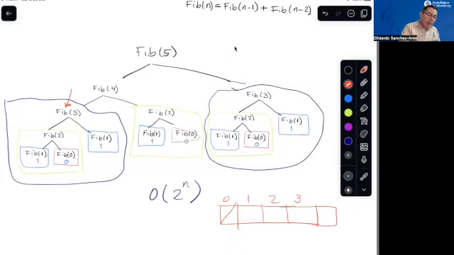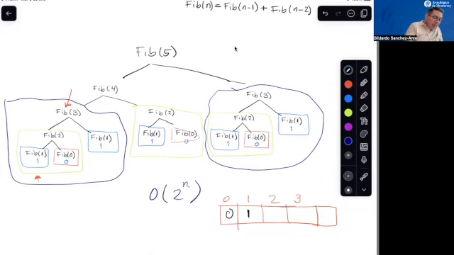And then when I get the value of Fibonacci 1, I write it here. Well, in this case, since I am starting at 0, I will put the value here. So this is going to be 1. This is going to be 0.